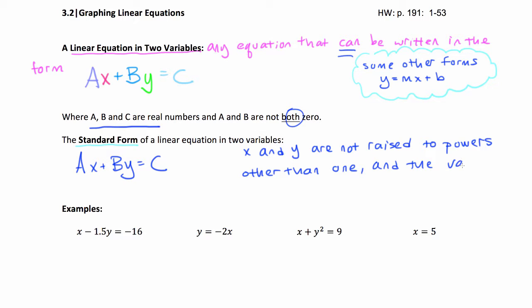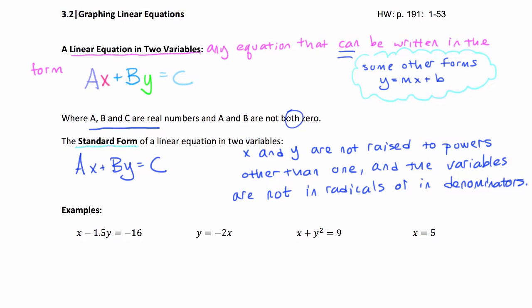The variables are not in radicals or in denominators. We'll look at some equations later where that is the case, but for now we're going to stay with these relatively more straightforward questions. So I'm going to scroll up a little.